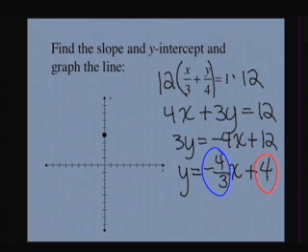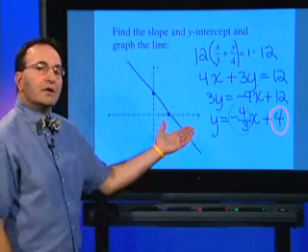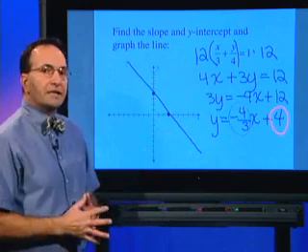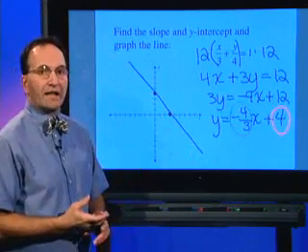And now use the slope, which tells us to go down 4 and over 3. That would bring us to the point (3, 0). And then we draw our line through those 2 points. If that's what you got on your problem, then you have a great idea of how to put it into slope-intercept form and graph that line.